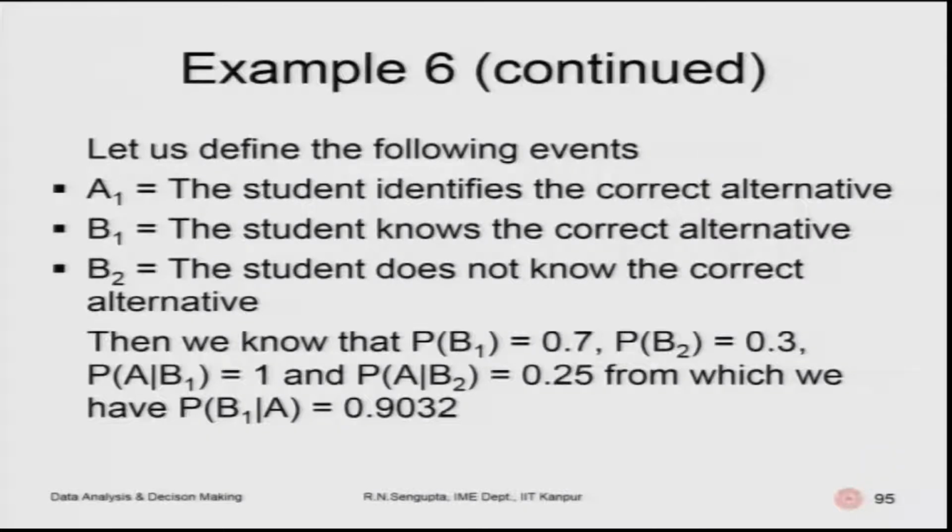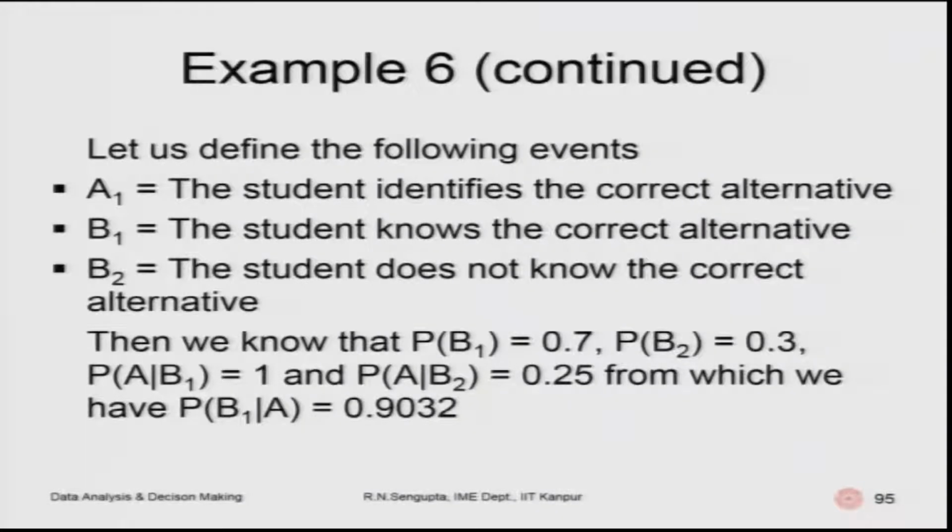So, what are the corresponding probabilities? Let us answer it very simply. If the student knows the correct alternative, it is 70% as in the question, so it is 0.7, and the complement, the student does not know the alternative, is 0.3, which is 30%. Now, what are the scenarios?